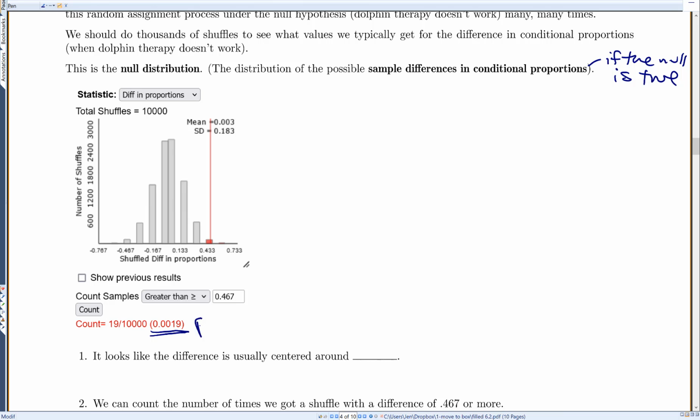So that is my actual p-value, and it does seem to be very small. Let's look at what we have here. The difference is usually centered around, it said, 0.003. But I only did this 10,000 times. If I do it lots of times, it should theoretically be centered at 0.